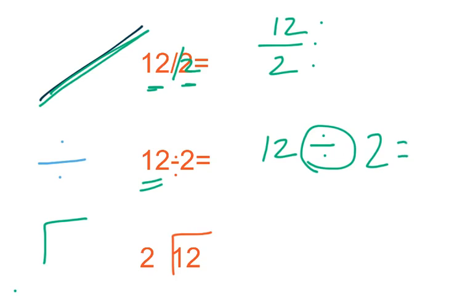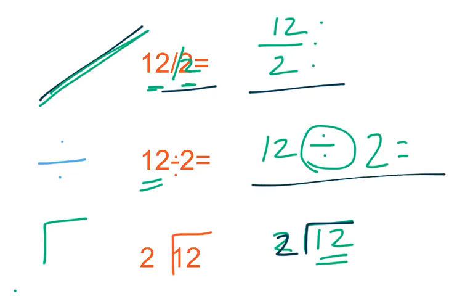Or another way that you'll see as the years go on, and you're in 3rd and 4th grade and going onward from there, is that you put the large number into, it almost looks like a half of a box. It looks like this. And then you put the small number out there. That says 12. This says divided by 2. All the same problem, 12 divided by 2, but just written in different ways.